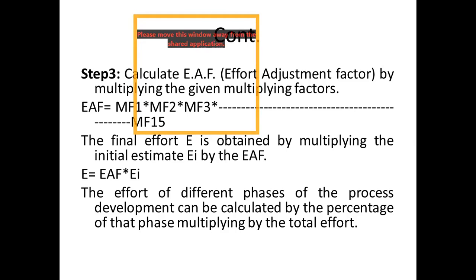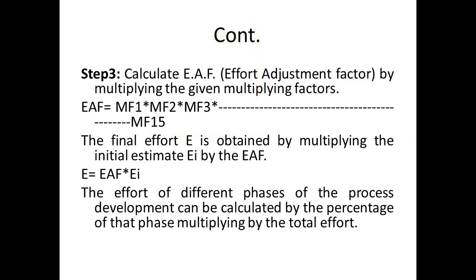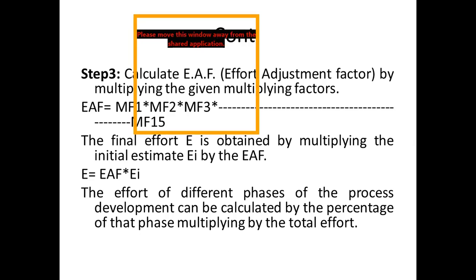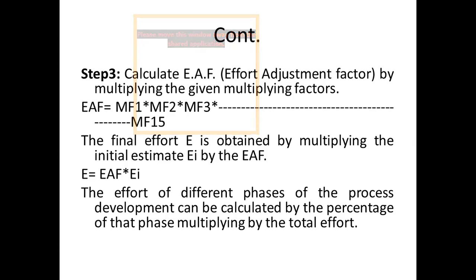Sometimes in the numerical problem, some factors will be given to you, so no need to remember the table given in step 2. If you get the values of some multiplying factors provided in the numerical, you multiply them and calculate the effort adjustment factor, EAF.